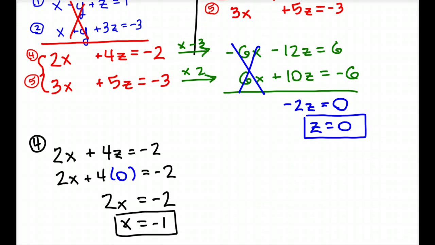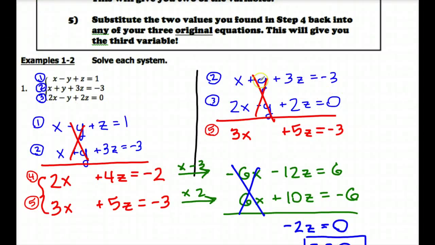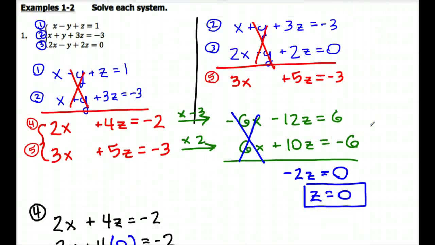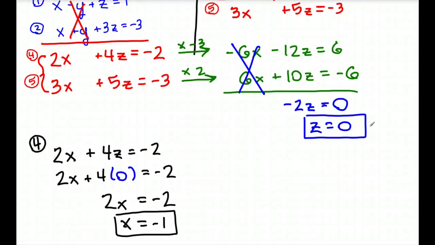Once you get those two variables solved for, all you have to do is go back to your original equations, 1, 2, and 3, and pick one of those equations. So I'll just take equation 1, and you're going to plug in for the two variables you know. So equation 1 was x minus y plus z equals 1.